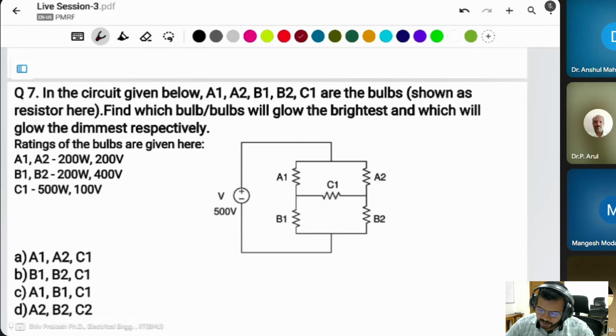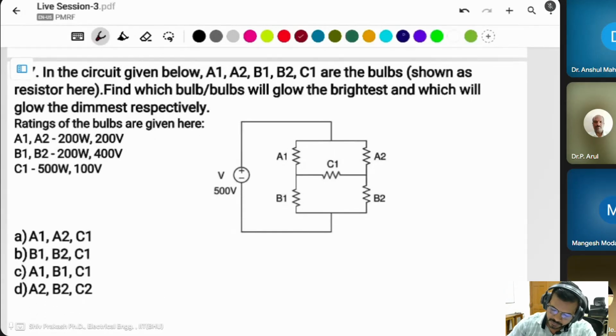Then we have to calculate the power across every bulb. There are three types of bulb. Find the resistance of each bulb. R of A1 and A2 will be the same.